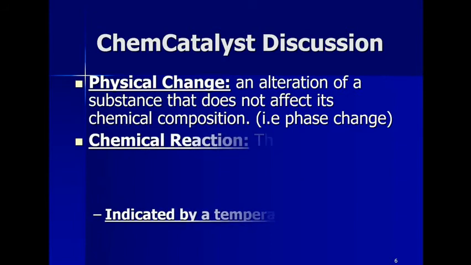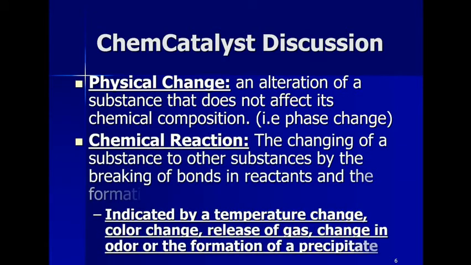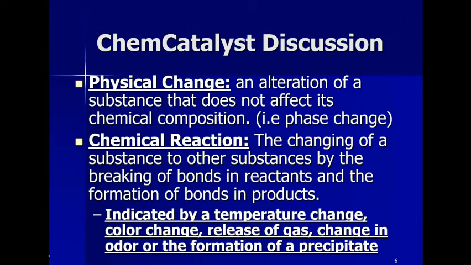So, what's the difference between a physical change and a chemical reaction? This is something that we talked about in first quarter, but I wanted to make sure that we went over it again. A physical change is an alteration of the substance that does not affect the chemical composition. A chemical reaction is the changing of a substance where the other substances are different.